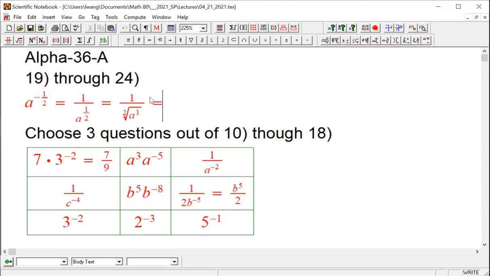And of course, by default, when we have a square root, we don't have to write that 2 there. So a to the power 1 can be written as a alone. That's the process.